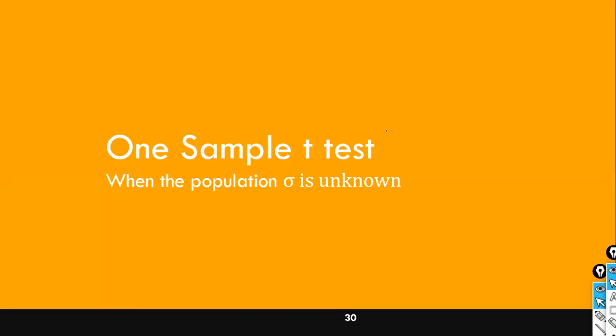That is pretty simple. Next, we will take a look at the one sample t-test. If you don't know the population standard deviation, then you need to do the t-test. If you are going to use a single sample, then you need to use the one sample t-test.